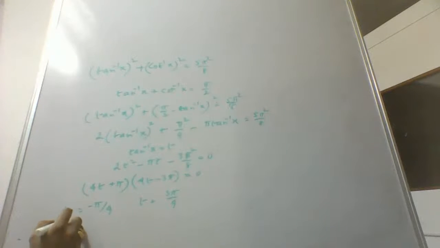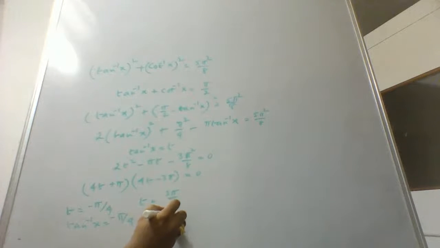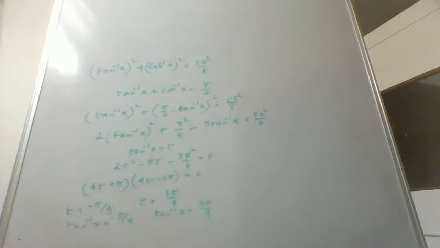Now this is tan inverse of x, which is minus pi by 4, and this is tan inverse of x, this is 3 pi by 4. So I get x as minus 1 here. So therefore we can conclude that x is minus 1.